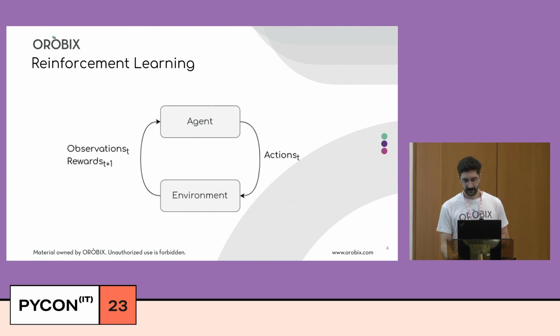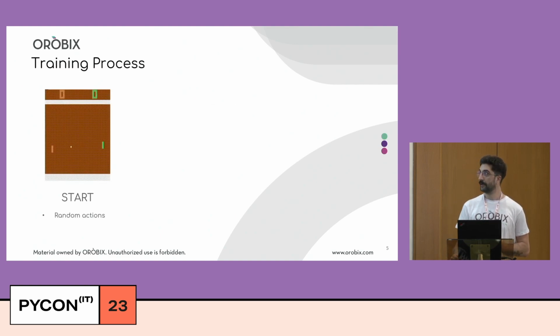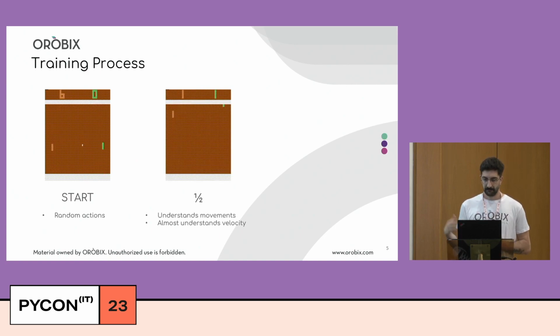So for example, if we want to train an agent to play the Pong Atari video game, essentially at the beginning of the training, it takes random actions. So it doesn't know anything about what is going on, how the world is behaving. Some time passes, so the agent has gathered a lot of experiences, and it starts to understand movement.